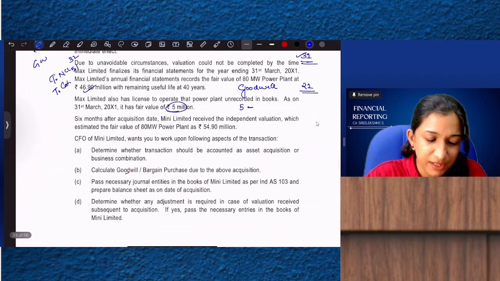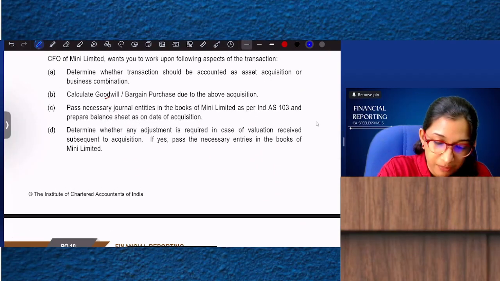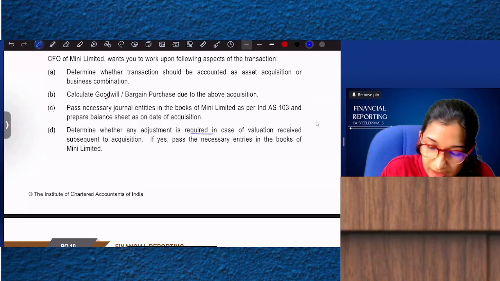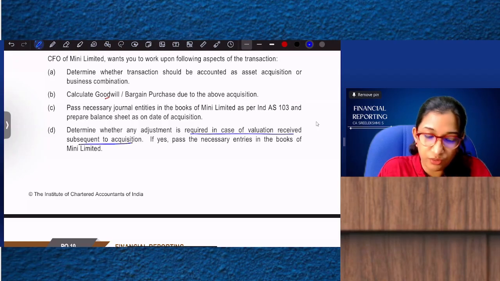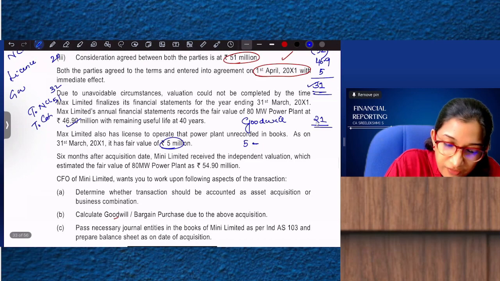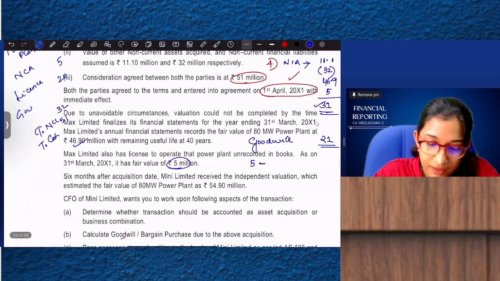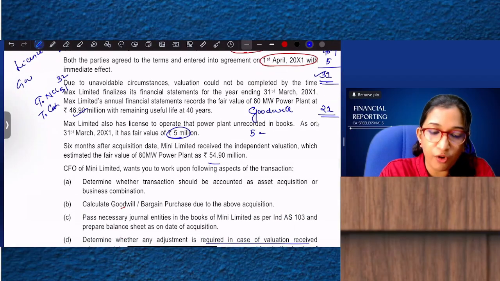In that Mini Limited problem we already discussed, whether any adjustment is required in case valuation is received subsequent to acquisition. There was 46.9 that we recorded here, but finally the value has become 54.9.